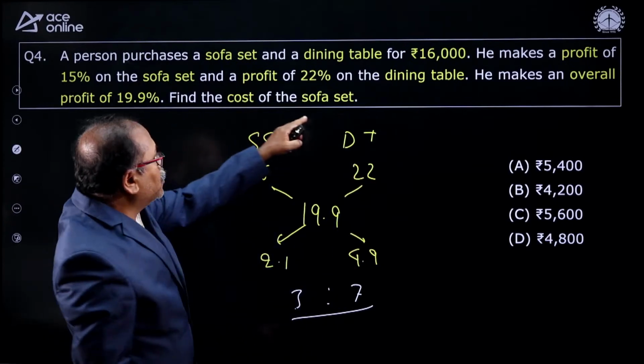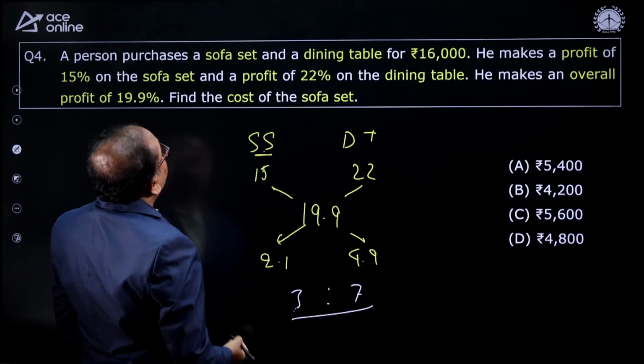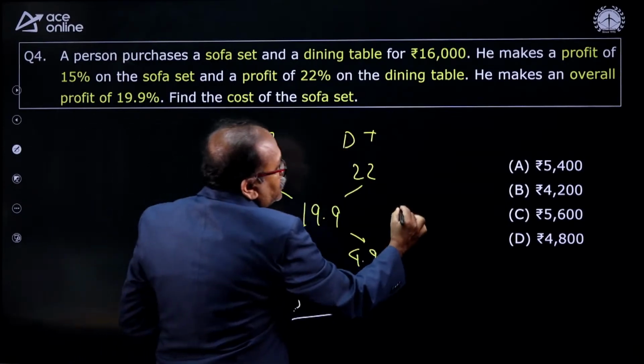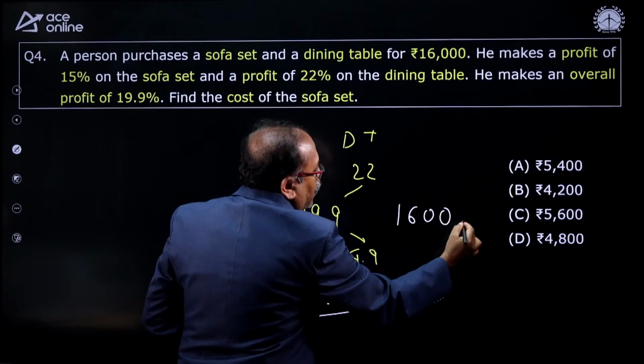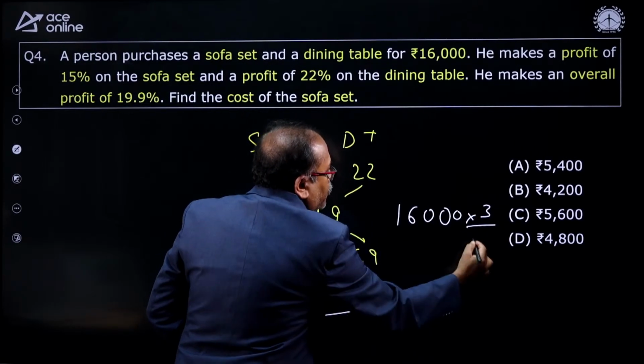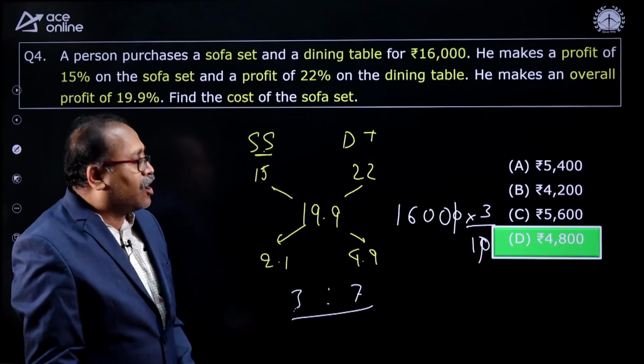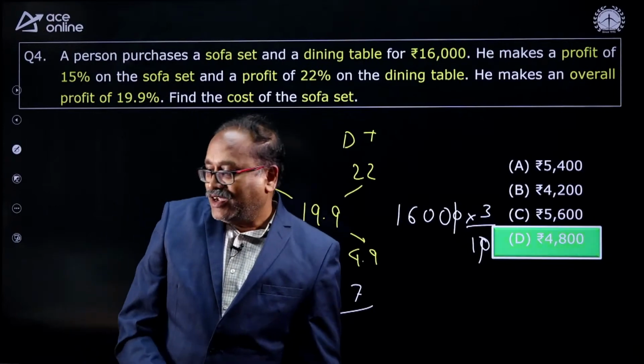I need to find the cost price of the sofa set. That means I need to find 3 parts out of 10 parts. So what is the total price? That is 16,000. Out of 16,000, I need 3 parts out of the given 10 parts. So you know that 16,000 into 3 by 10 is 4,800. So option D. That's right.